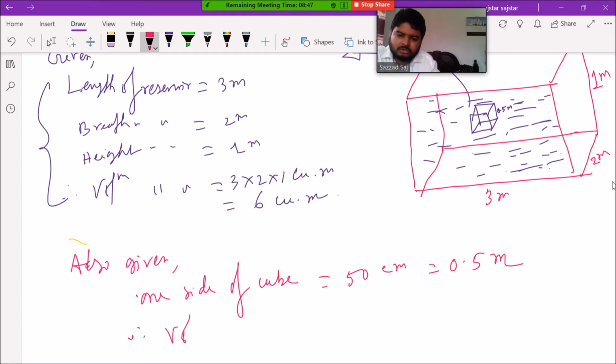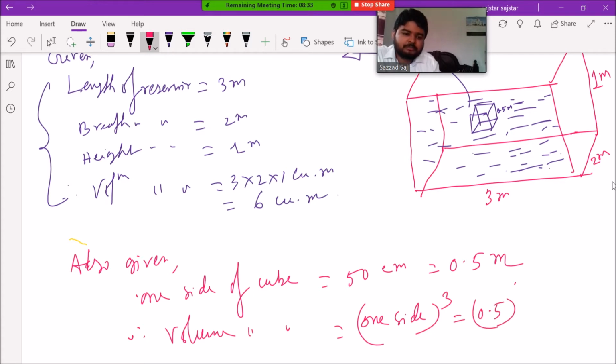So volume of the cube equals what? One side cubed, that is 0.5 cubed, in cubic meter, so it will be 0.125 cubic meter. This is the second part.